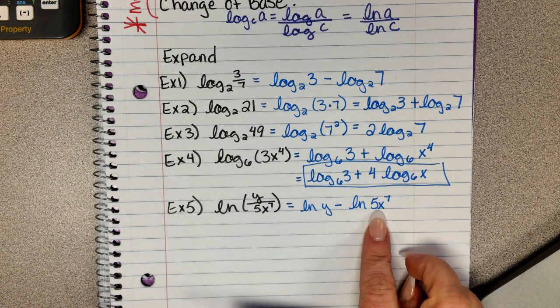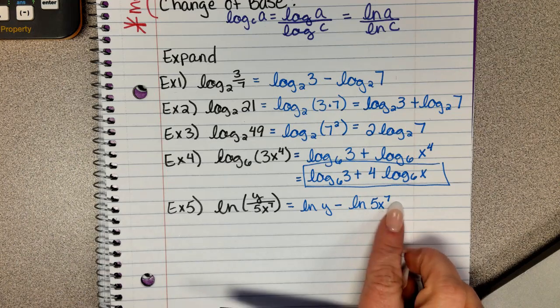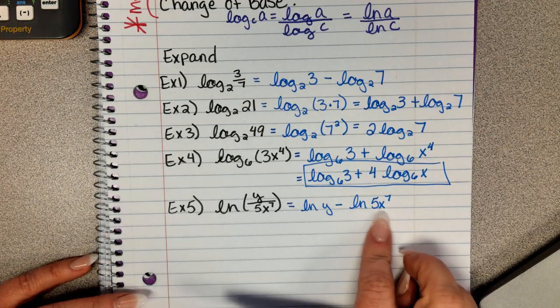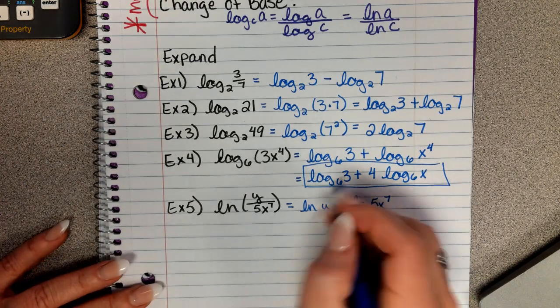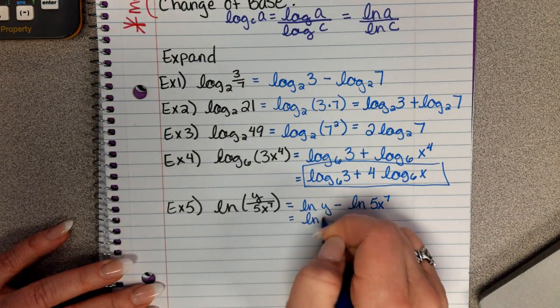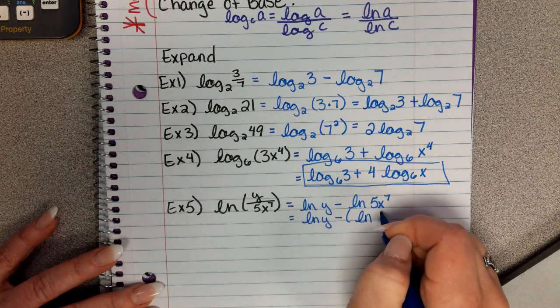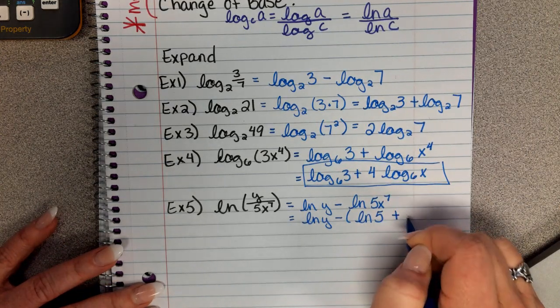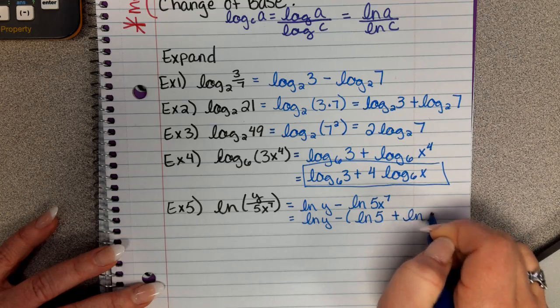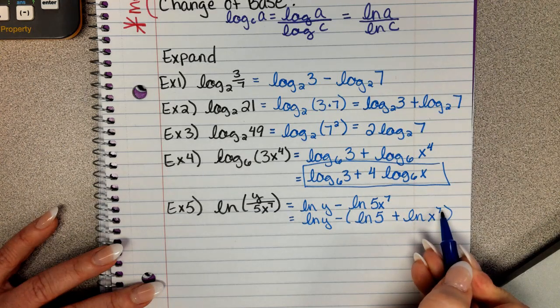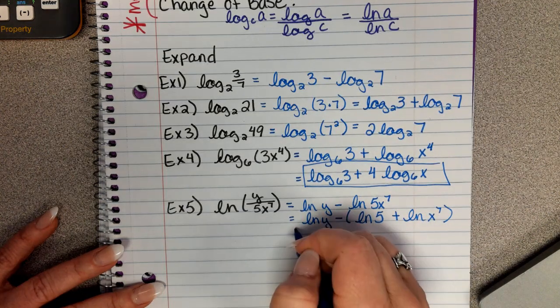I notice there's some multiplication right here, 5 times x to the 7. So I'm going to expand this. I have the natural log of y minus this expansion, the natural log of 5 plus the natural log of x to the 7. I also see that I have an exponent here, and I can move that to be my coefficient.